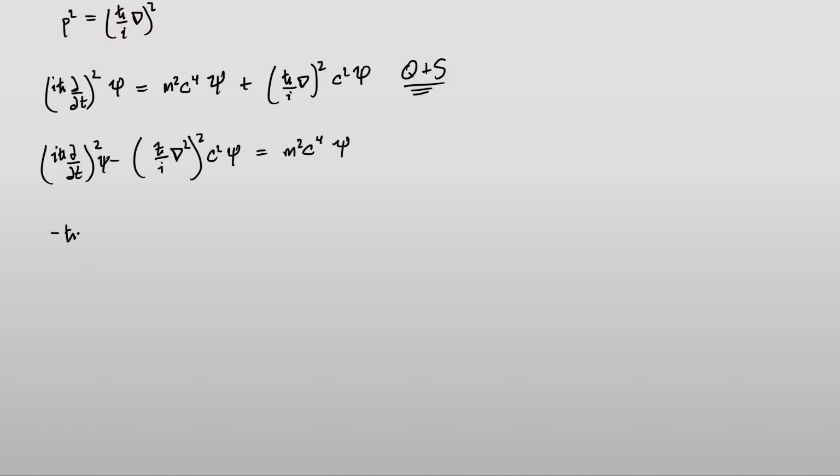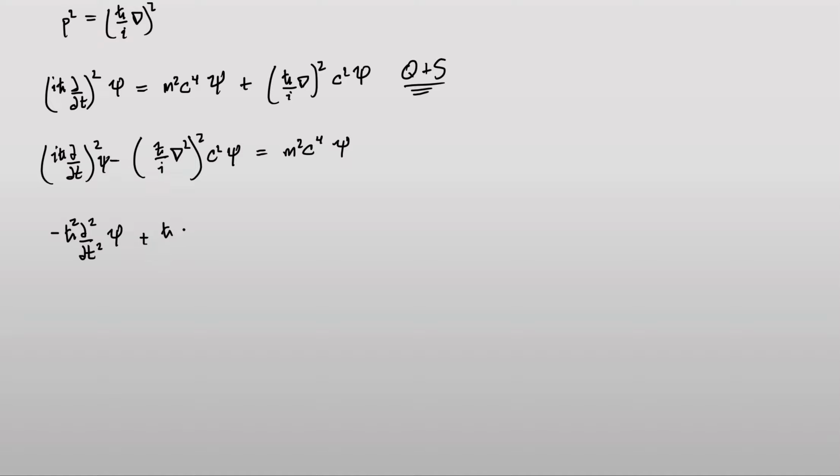And then I'm going to have h bar d by dt, and then that's a squared operator, so the second derivative acting on psi. And then I'm going to have h, that's squared actually, minus, or actually plus, because this squared is going to be -1, and then times that minus right there is going to give us a plus.